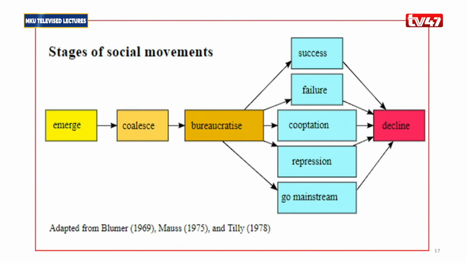But then at the end of all these stages, all these different means of decline refer to different levels of decline. And as I've said, these stages we are talking about have been adopted from Bloomer and Tilly.